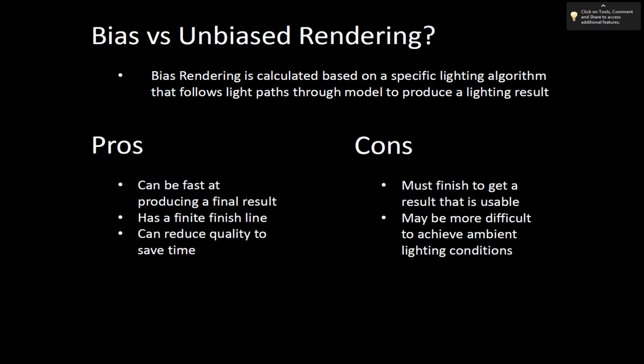But the difference is that in order to get a final result, you have to wait for the entire rendering to finish, and it has this finite finish line that we have to wait for, and the result could take a ridiculous amount of time that you're not willing to wait for.